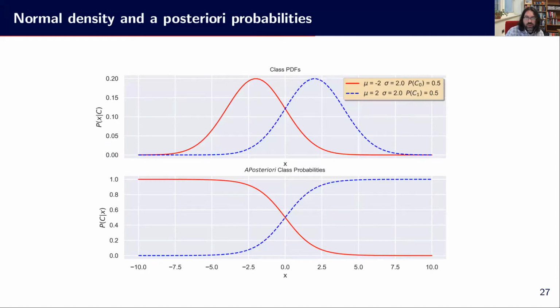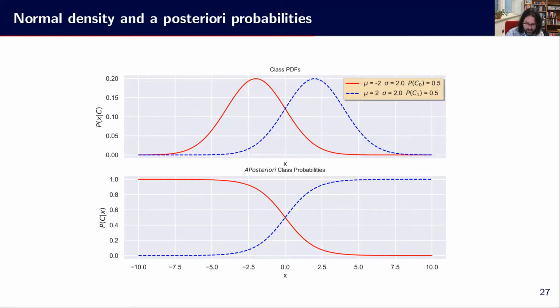So looking back at this plot, which we saw at the beginning of the presentation this week, we have the same thing. We see here the likelihood, and here the posterior, the PDF and the posterior class probabilities.